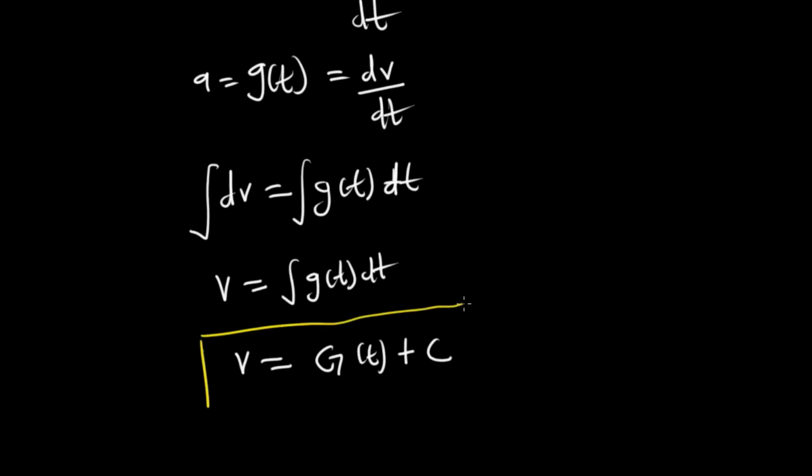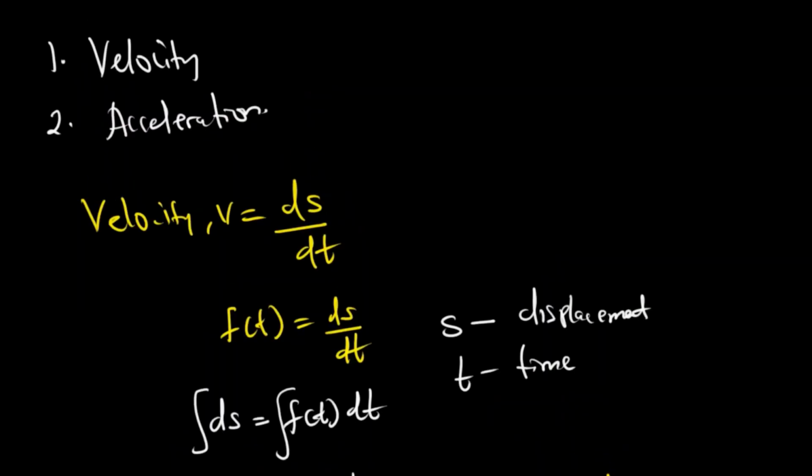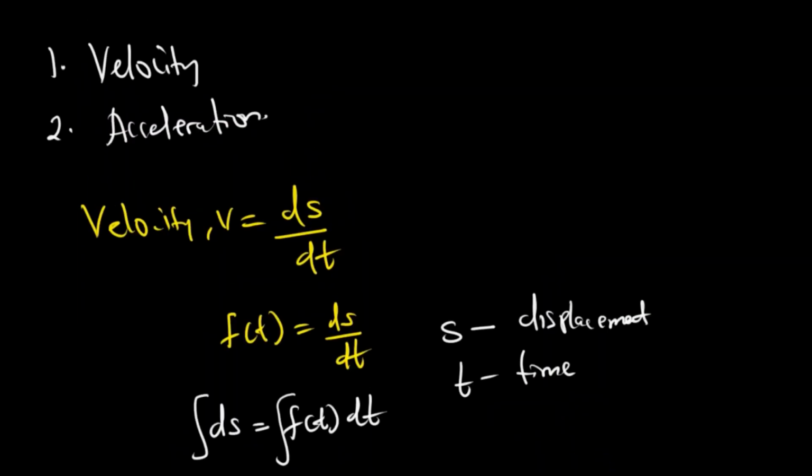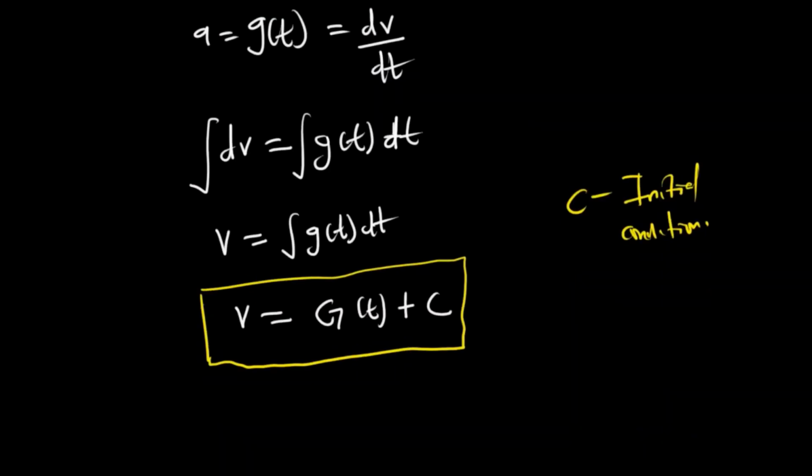So again, we are able to get a formula to represent velocity using integral calculus. Again, we are going to get our c from initial conditions. So these are the things we have to take note of in applying integral calculus in the field of kinematics. We started working with velocity and acceleration, and from velocity we are able to get our displacement, and from acceleration we are able to get the velocity.